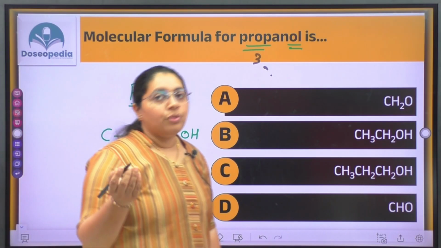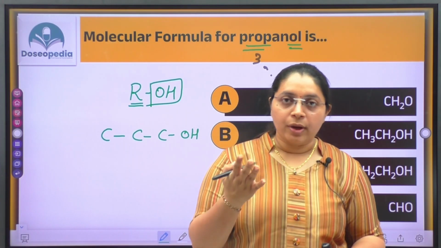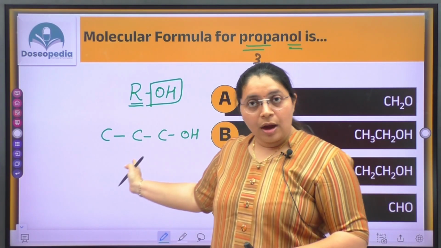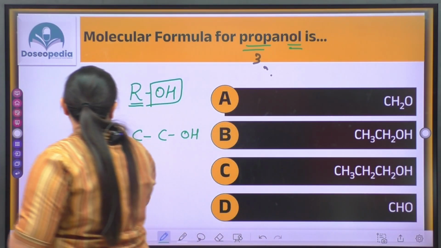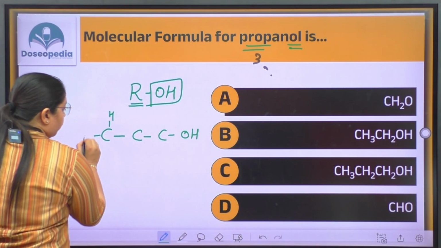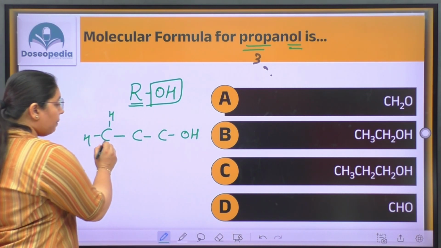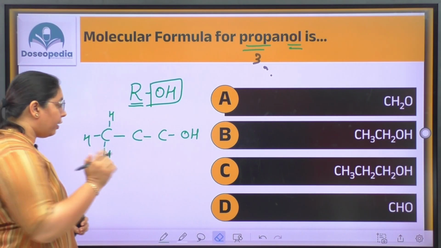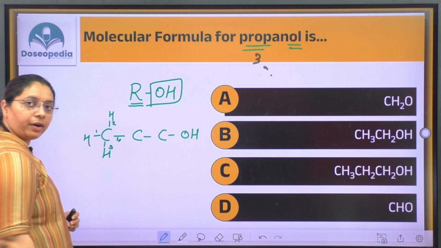Now, as you know, students, the valency of carbon is 4. Let's arrange the hydrogens. This carbon is a terminal carbon, attached to 3 hydrogens, so its 4 valencies are fulfilled: 1, 2, 3 and 4.